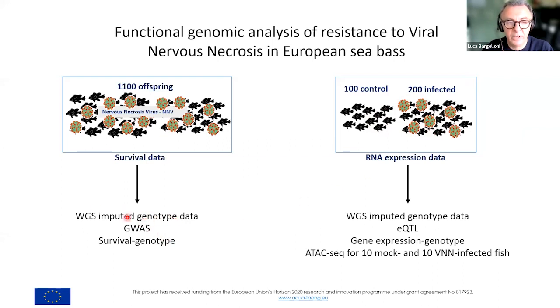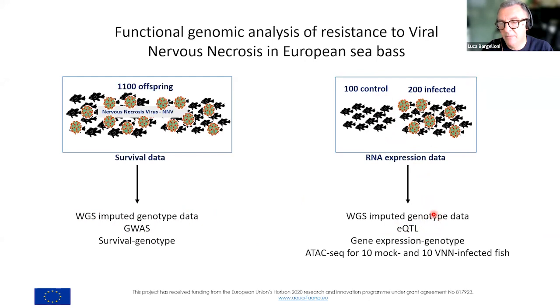We coupled that with the genotype data, which were produced with the SNP array, but then we imputed the whole genome sequence for each of the individuals. We did the classical GWAS for survival, associating with different genotypes. But we did the same with another phenotype, which is the gene expression, and we have here, in fact, the eQTLs.